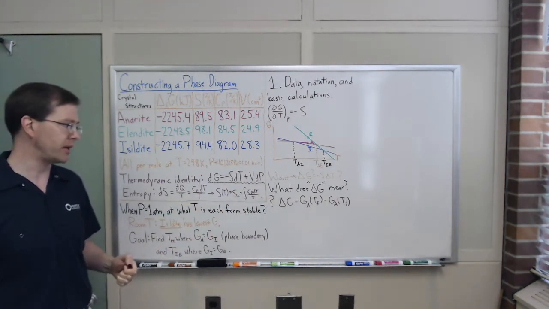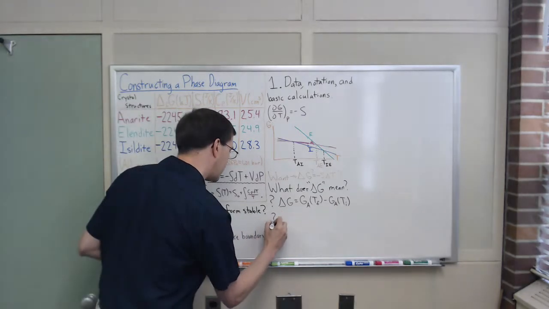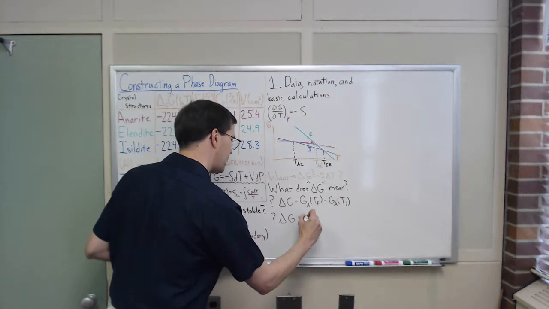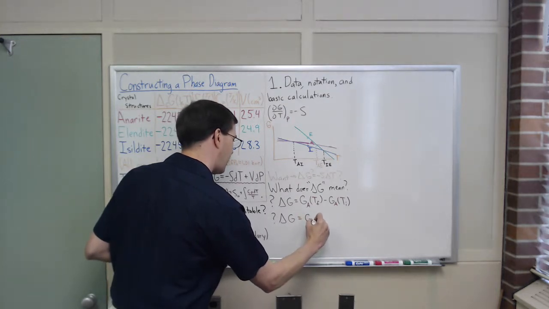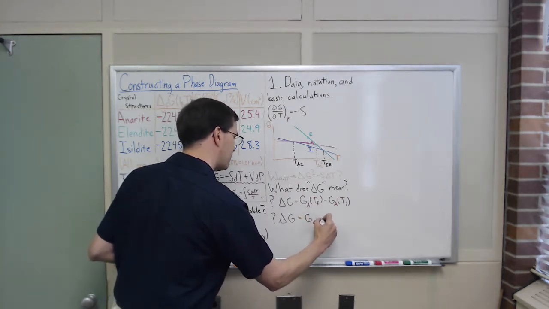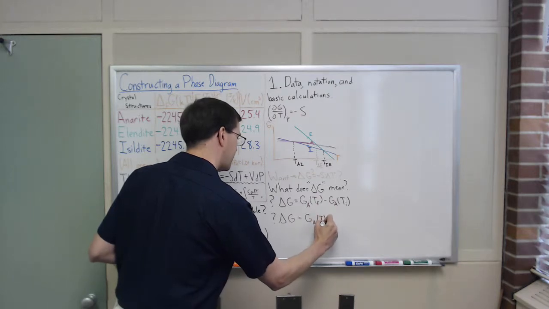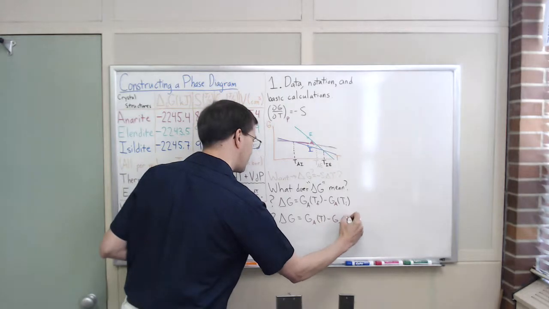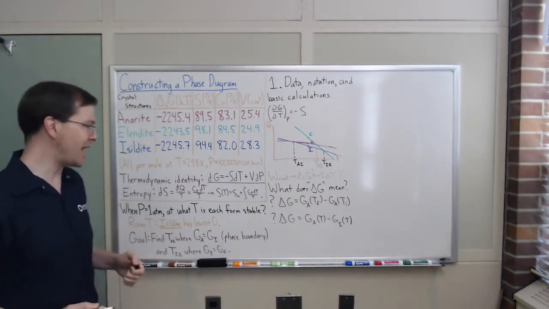That's one thing it could mean. It might also mean the Gibbs free energy of anorite at temperature T minus the Gibbs free energy of isoldite at temperature T.